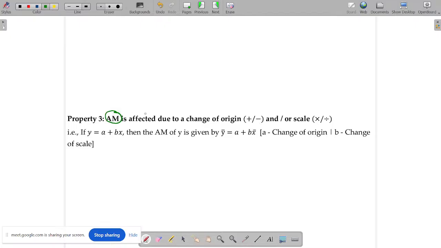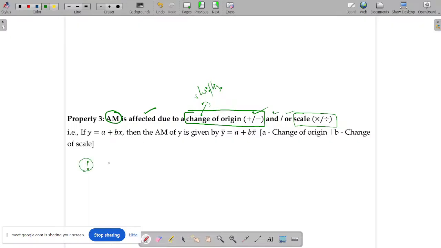Arithmetic mean is affected due to change of origin, which means what? Addition or subtraction means you're changing, which means shifting. Instead of change, we'll be using another word called shifting of origin. And or, which means both. Change of scale affects, change of origin also affects. Change of scale is multiplication or division.